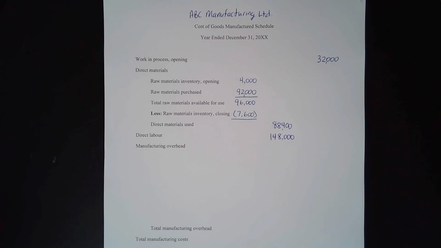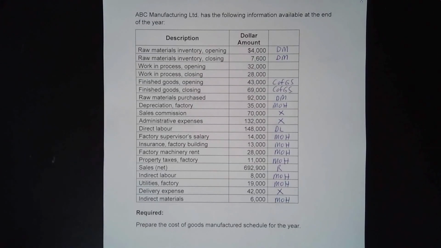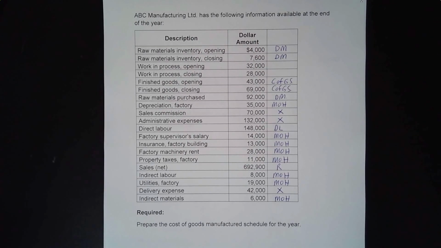We now need to calculate manufacturing overhead. There's no particular order to the accounts in the manufacturing overhead listing. The easiest thing to do is use the same order that they show up on the listing in the question. Every single account that is denoted as an MOH will be added into the listing of manufacturing overhead. We're going to start with depreciation factory, $35,000. Then factory supervisor salary, $14,000. Insurance factory building, $13,000. Factory machinery rent, $28,000.